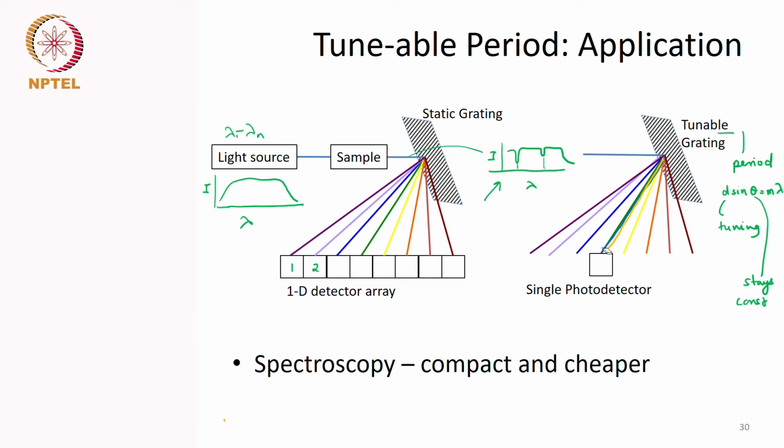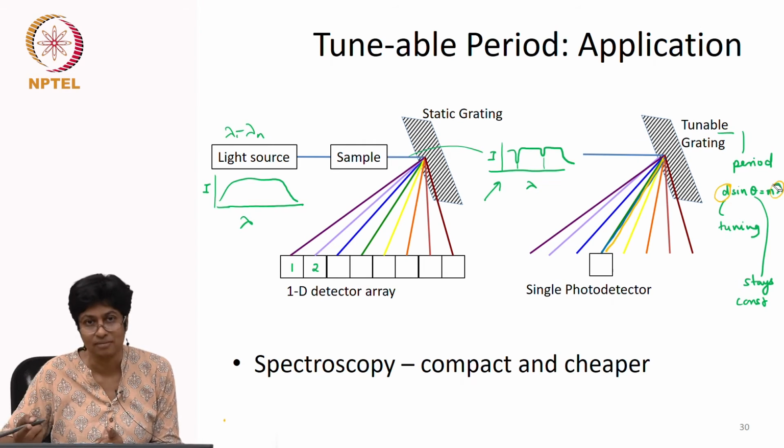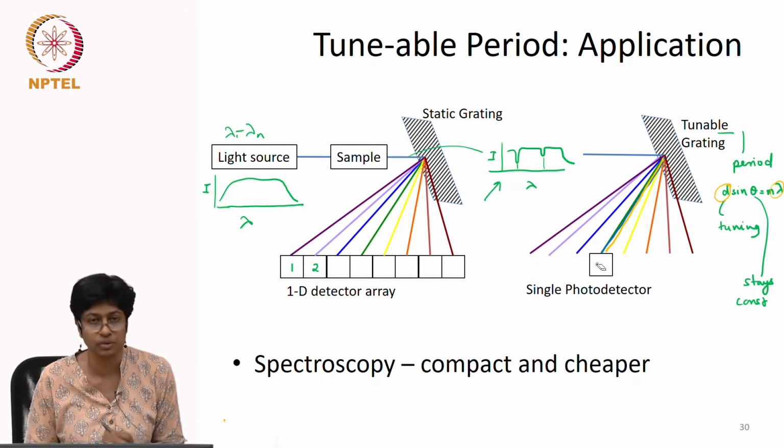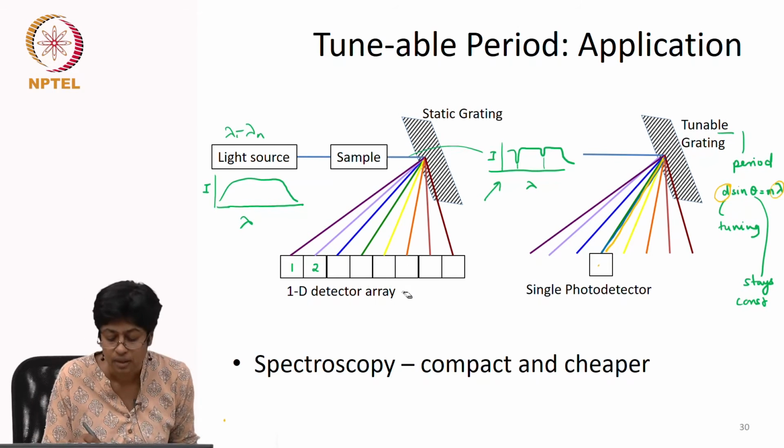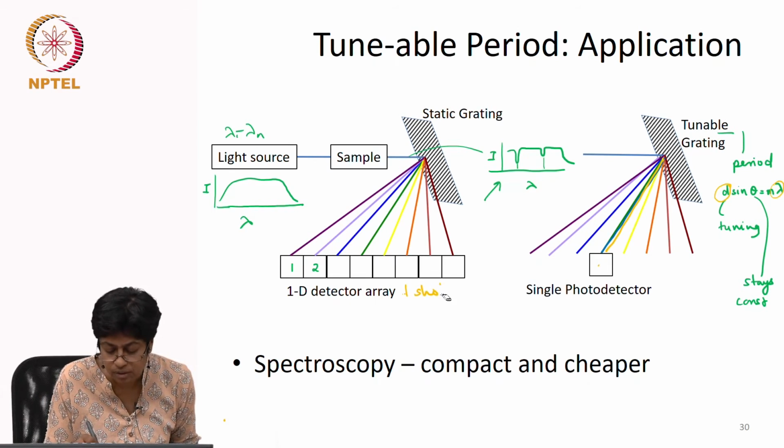So the photodetector, I need now only a single photodetector. It stays in one place, but because I'm changing this parameter, each wavelength in turn is getting imaged onto this photodetector. So the difference then is I don't get a one-shot measurement.